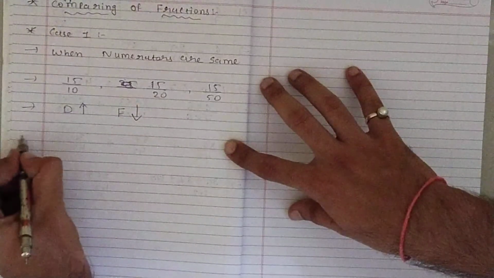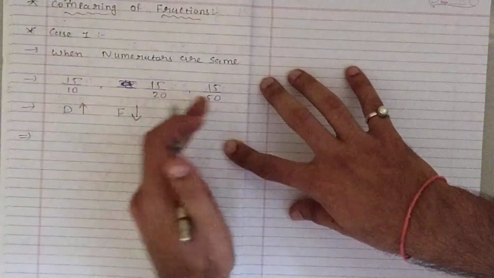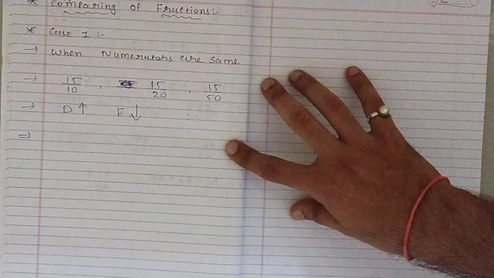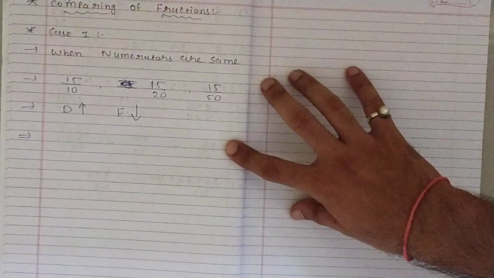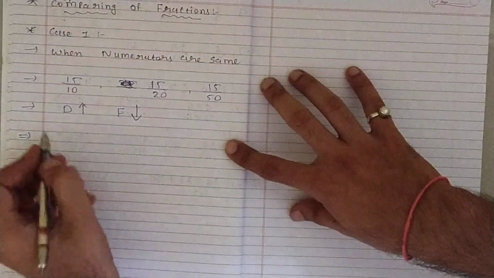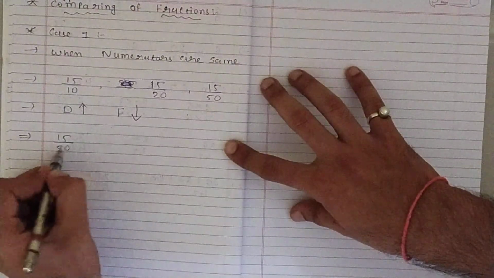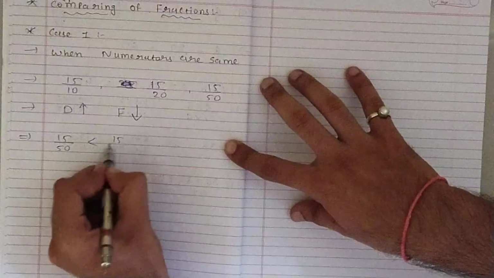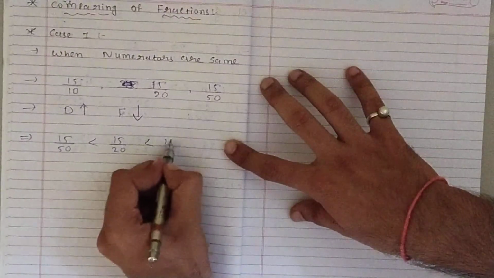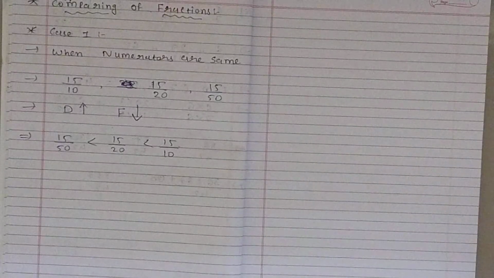Okay. So if I want to arrange these three in ascending order, then the highest denominator fraction I have to write first because it is the smallest one. I am writing in ascending order, right? Okay, so this is the ascending order when numerators are same.